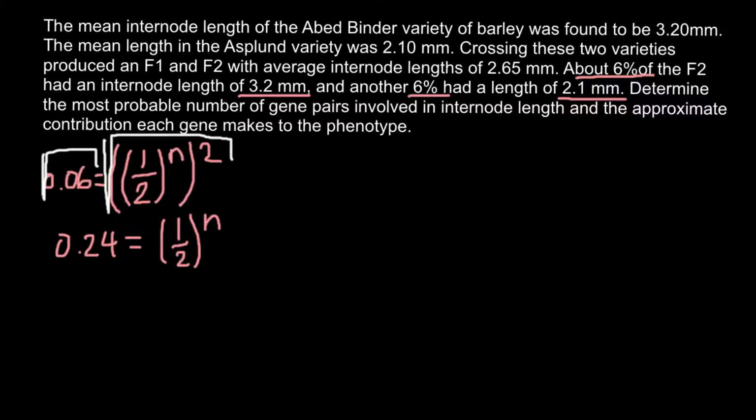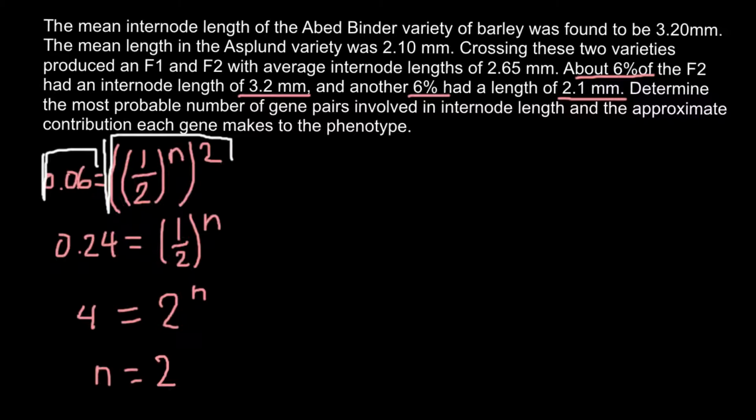If we divide 1 by 0.24, we get a rounded number, that is 4, and the reciprocal of 1/2 is 2. If we multiply 1/2 by 2, we get 1. So 4 equals 2 raised to n. Now you can easily see that n equals 2. If we square 2, we get 4. So n equals 2.